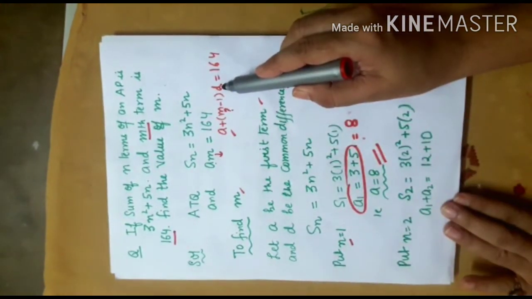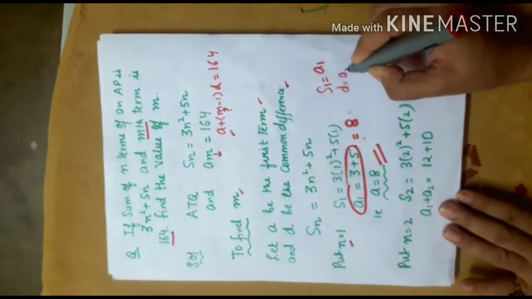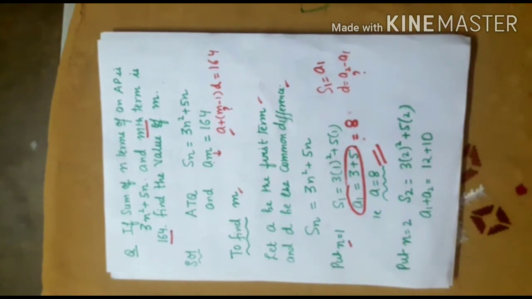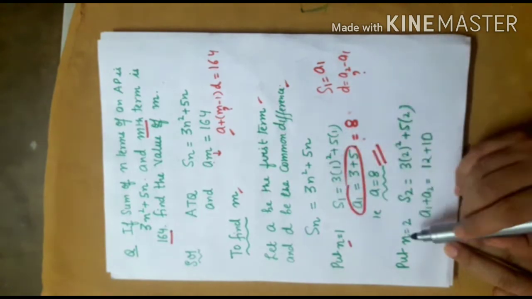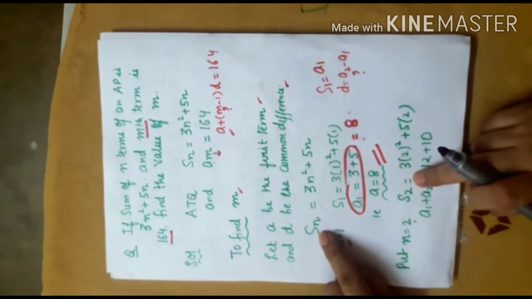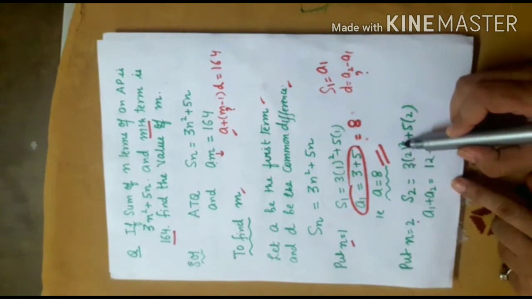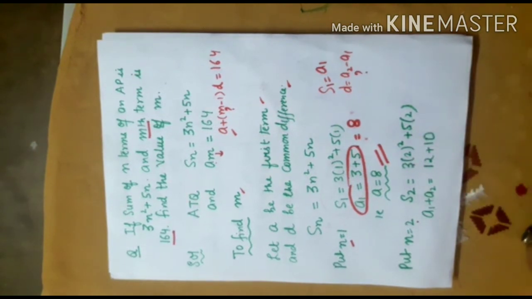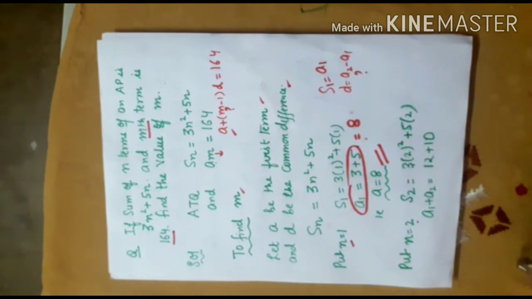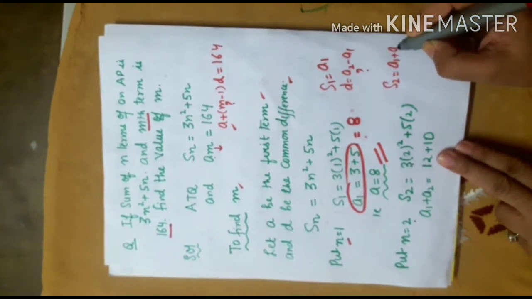Now in order to get the value of d, you know that d is equal to A2 minus A1. So I need to find A2. So what do I do? In Sn, I replace n with 2. So here I'll get S2 equals, on the right hand side also replace n with 2, so I'll get 3 into square of 2 plus 5 into 2. Now by definition, S2 means sum of first two terms, that is S2 is A1 plus A2.